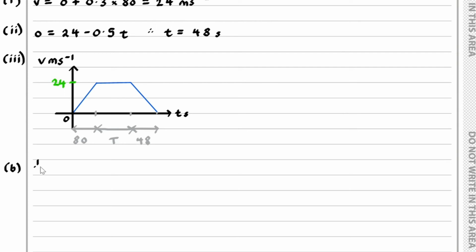So we've got 1/2 times by, well, we've got here t plus the total over here, which is 80 plus t plus 48. And then we times this by 24. This is equal to 4,800.